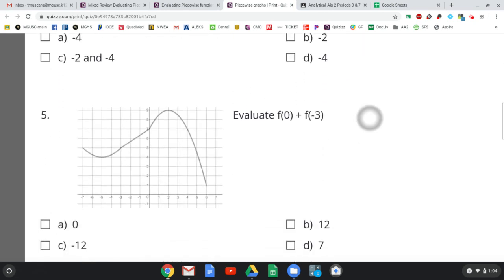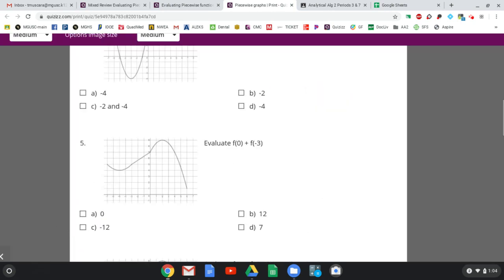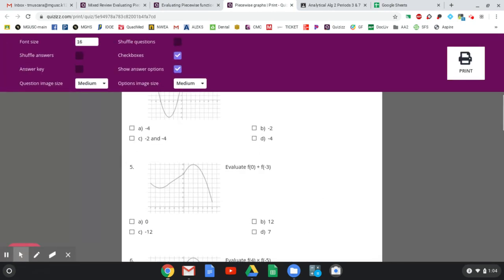Okay. Other type of thing you're going to see is something like this, just to evaluate. So basically, you're going to go find out what number f of 0 is. So I go and my x is 0. I have a 7. Okay, so I've got 7.